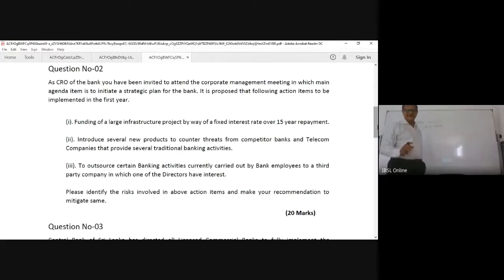Especially they say its repayment is over 15 years. So under a subsection, we also have a term risk. When you say it's a long period, there is possibility they might fail over a period.